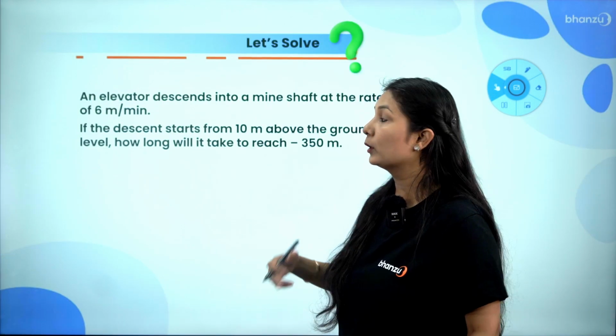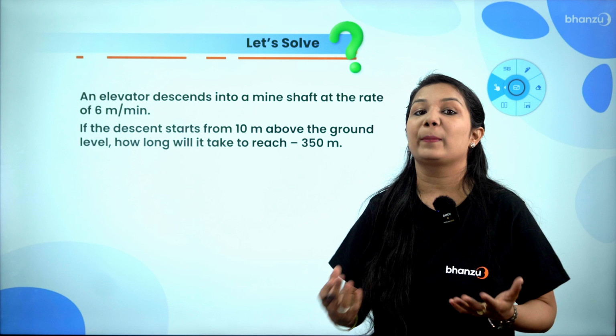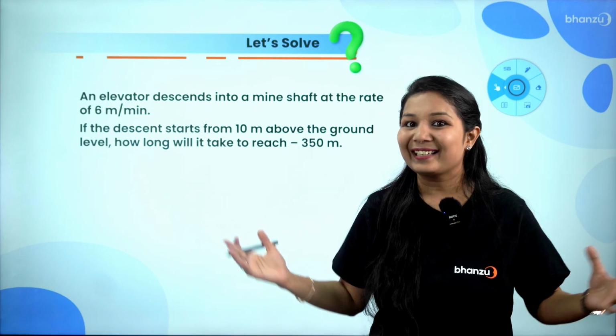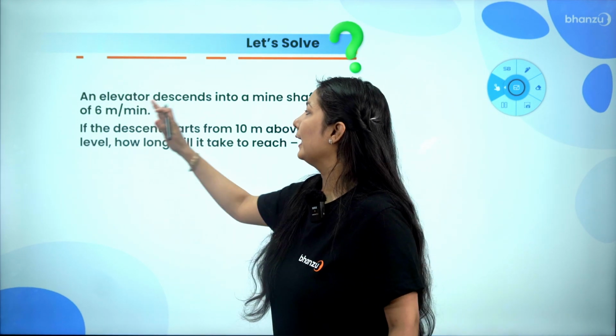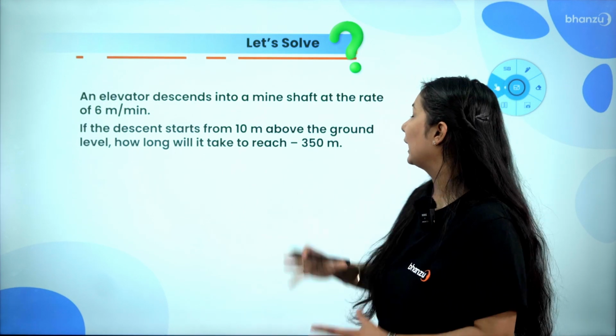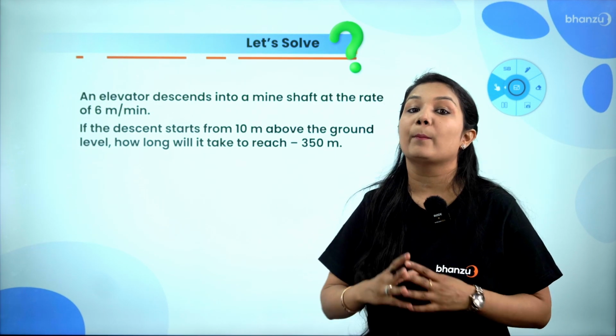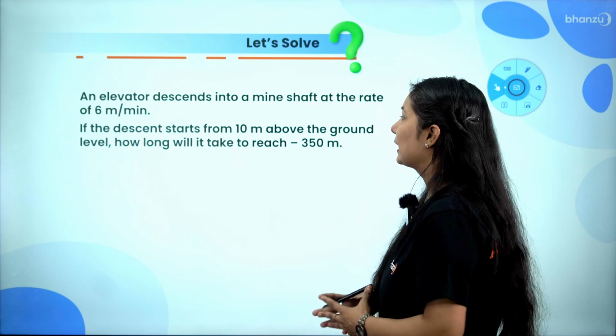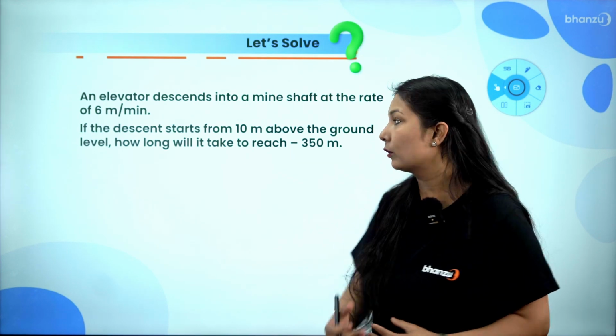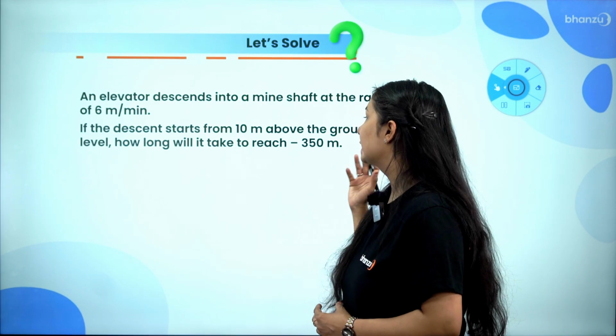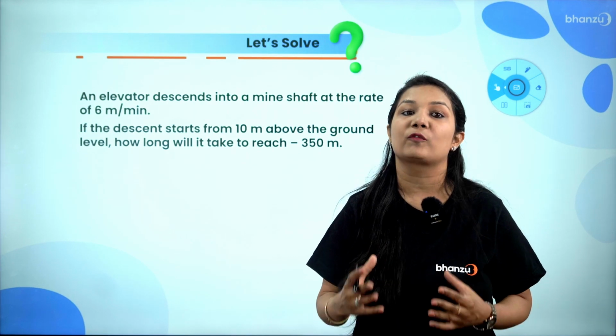Let's move to our next interesting practice question. I hope all of you are able to do it with me and keep copying down everything. An elevator descends into a mine shaft at the rate of 6 meters per minute. If the descent starts from 10 meters above the ground level, how long will it take to reach -350 meters?